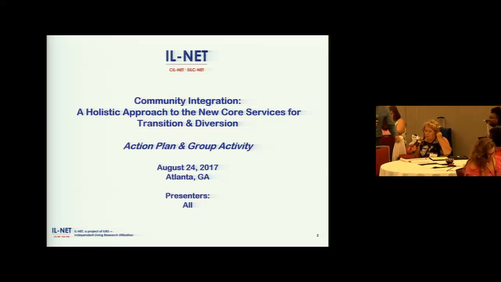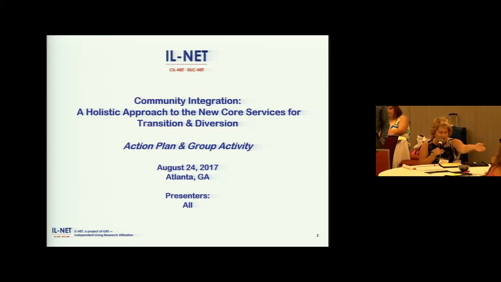So I'm alone, but thank you to Las Cruces, New Mexico, working with me. We focused on the assets that we have, and one of them was that we obviously already have knowledge of the transition process, but what we need to do is redirect our thinking, instead of looking at it from the transition viewpoint, to say, okay, we're going to take this fork and turn it into diversion.